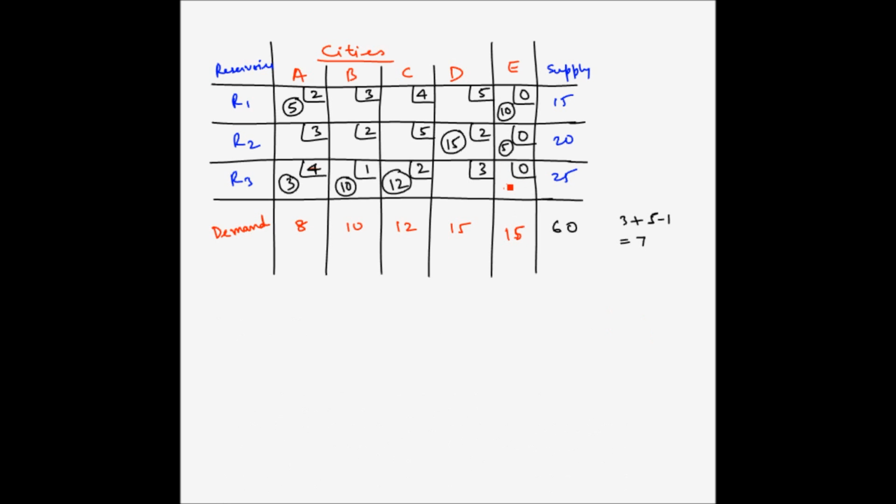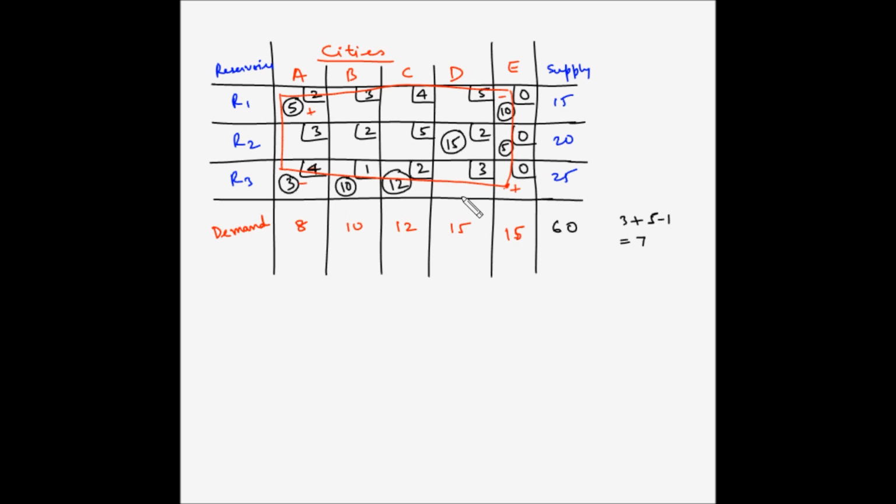So let me create a closed loop for this square R3E. R3E to R1E to R1A to R3A and then back to R3E, and alternate plus minus sign. So plus, minus, plus, minus.